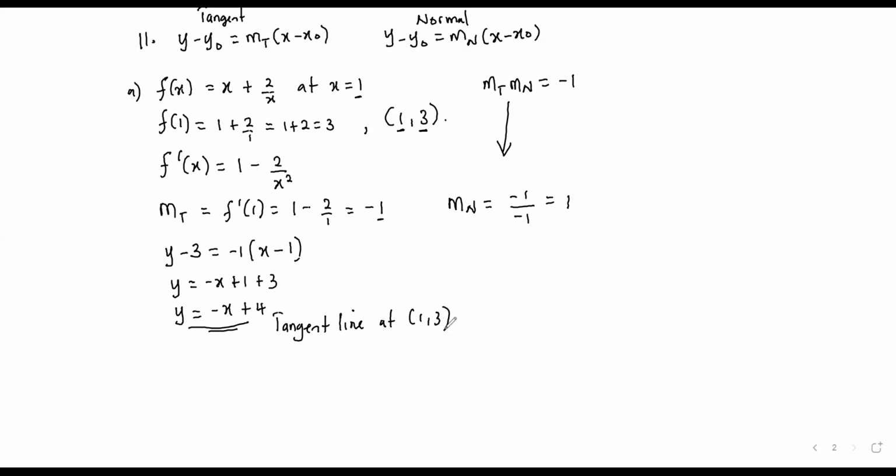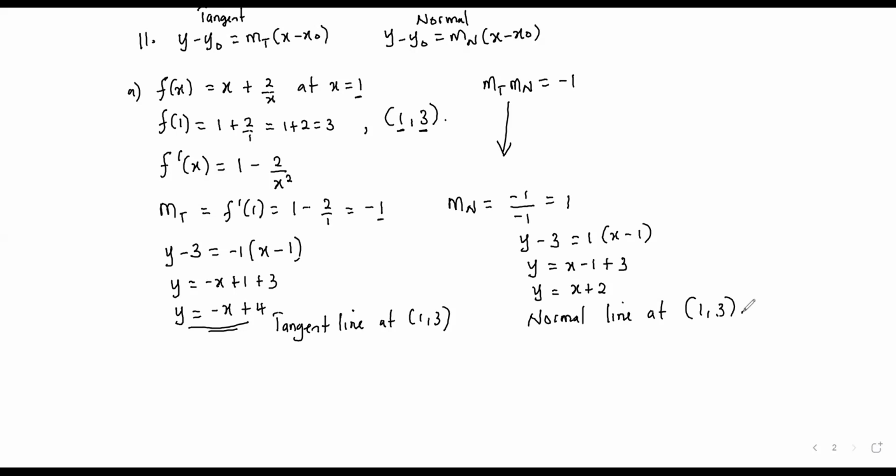The normal line will have everything similar apart from the gradient. So I'm going to get y equal to x minus 1 plus 3. That is y is equal to x plus 2. The normal line at 1, 3.